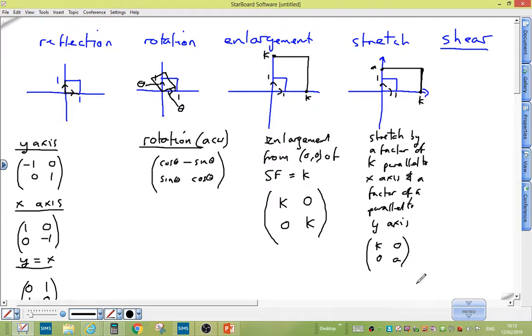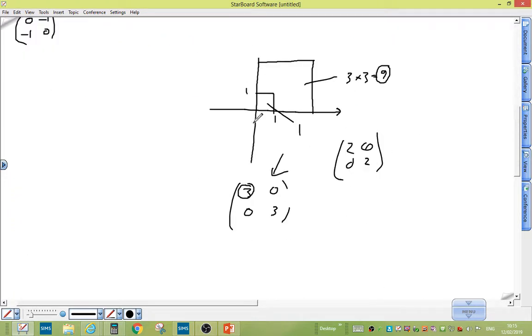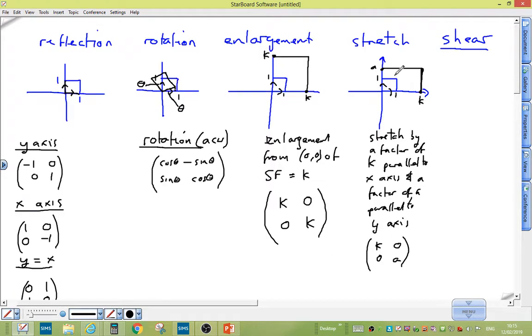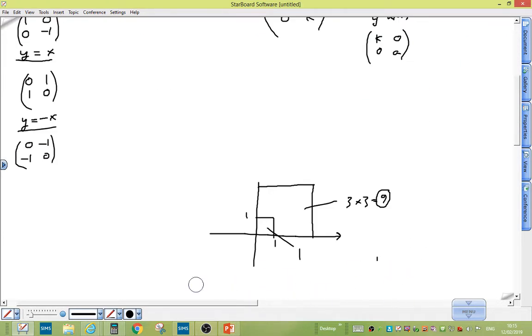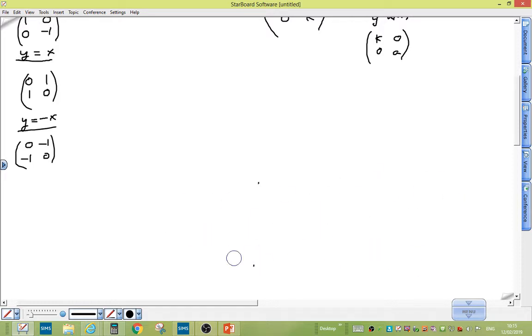Okay, now as discussed just down here, what will be the new area? Well, if I give you an example of this, you can see this still works. I'll come back to that writing in a bit.